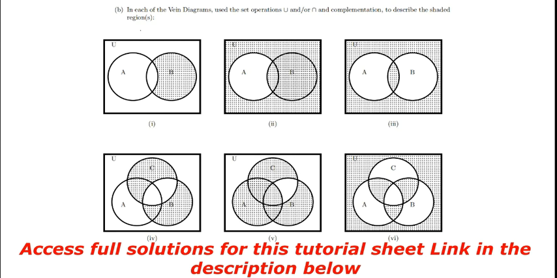You can start with considering A and C. So this is going to be A union C. If you add A union C, even this part was supposed to be shaded. So we're going to say A union C.